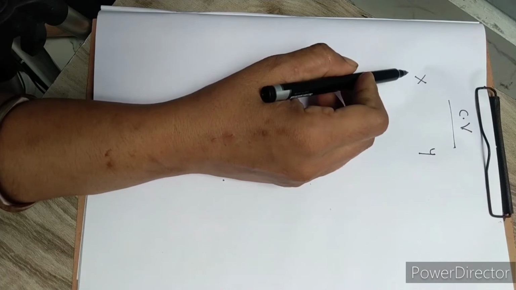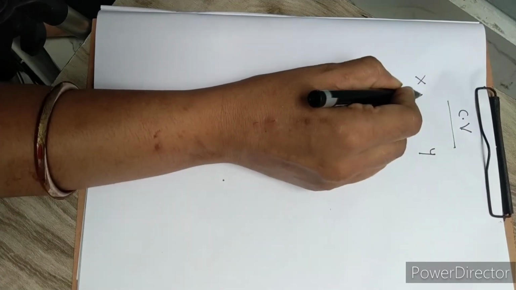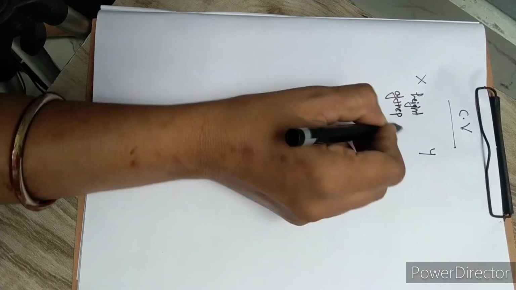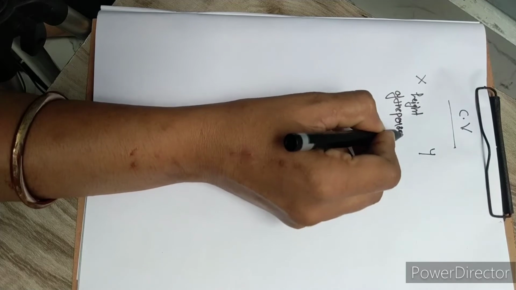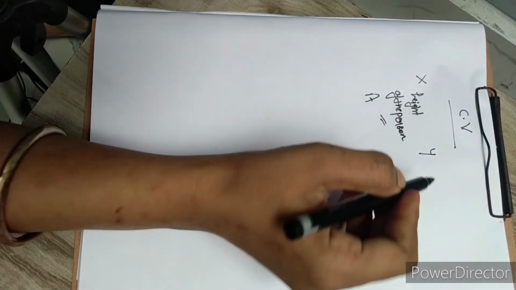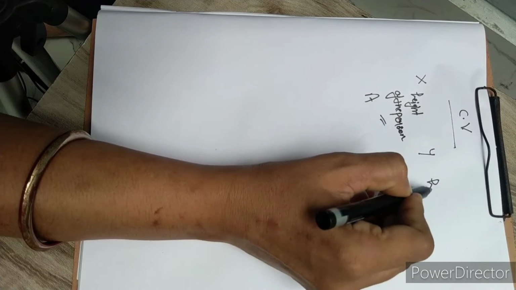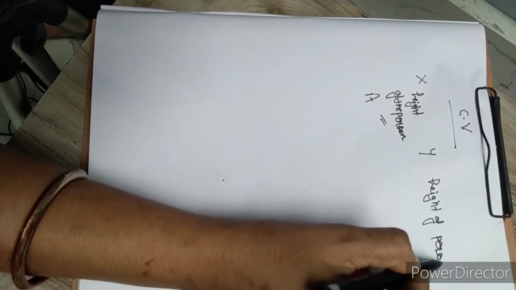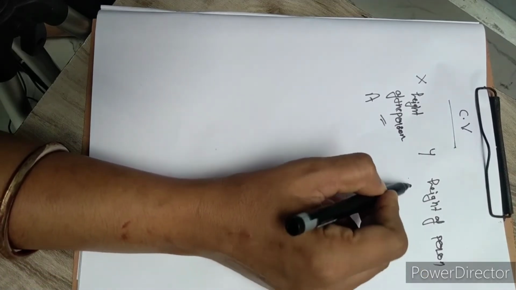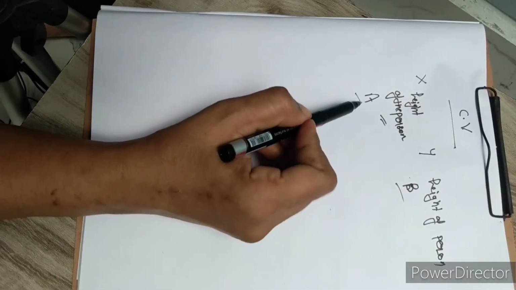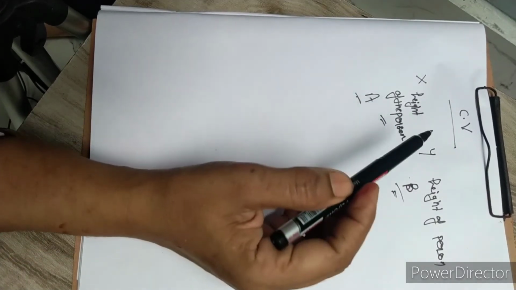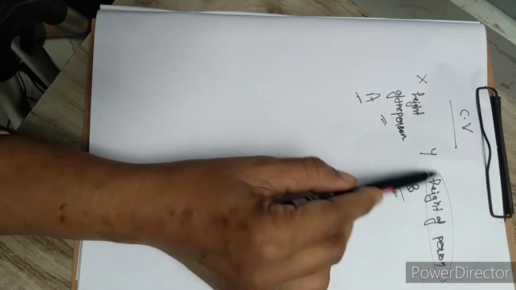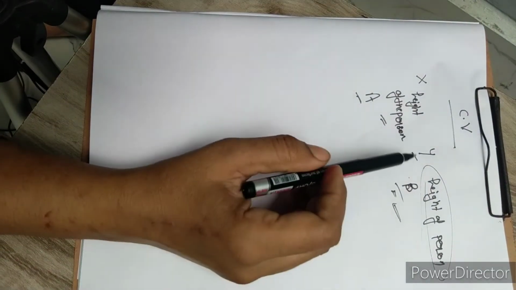Here x is the height of persons of colony A, and y is the height of persons of colony B. We have two colonies A and B, and we measure the height of the persons available in colony A and in colony B. The height in colony B is given by y.